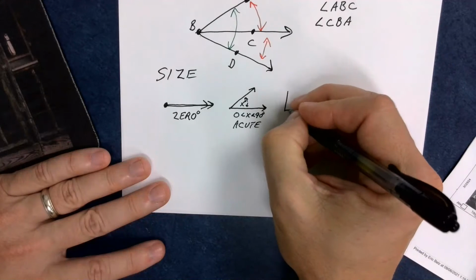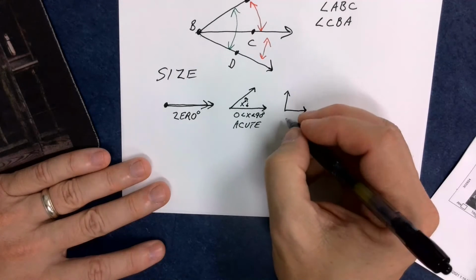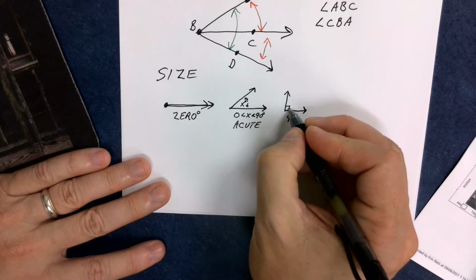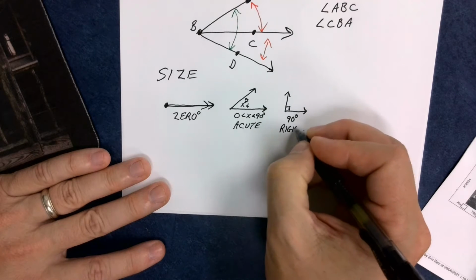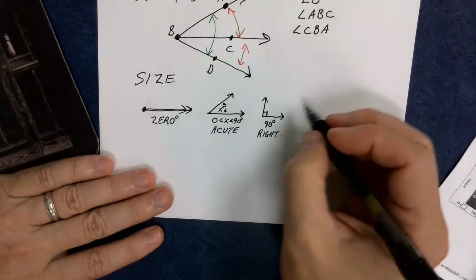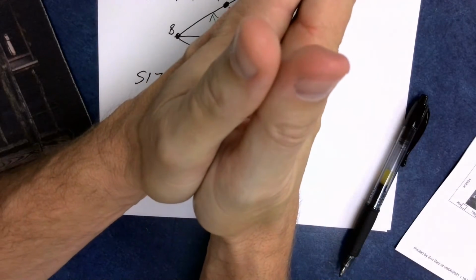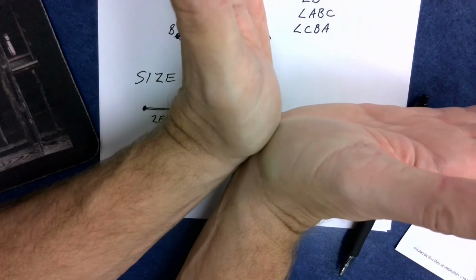If it's exactly a right angle, then it's 90 degrees. And we use this little symbol right in here, a little box in the corner. That's 90 degrees, and that's called a right angle. And then if it goes open bigger than 90 degrees, right? So we started here, and we got it a little bit acute. We get it to a right angle, that's 90 degrees.